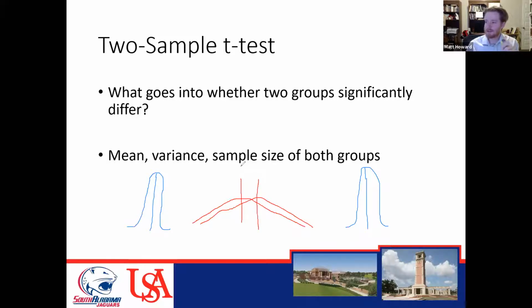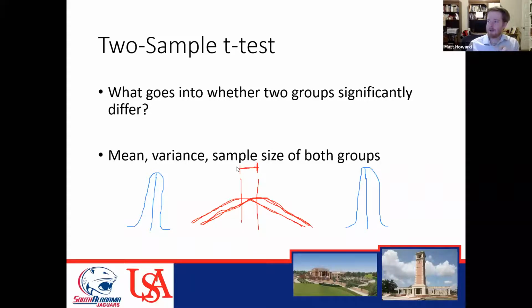So as you can see in this example, their means are much closer together than the blue distributions, and also their distributions are much wider than the blue distributions. So in this example, it would be much harder to find statistical significance because there's so much overlap in these distributions. It would be very hard to argue that these means are statistically significantly different because there's so much overlap in those distributions and the means are closer together.